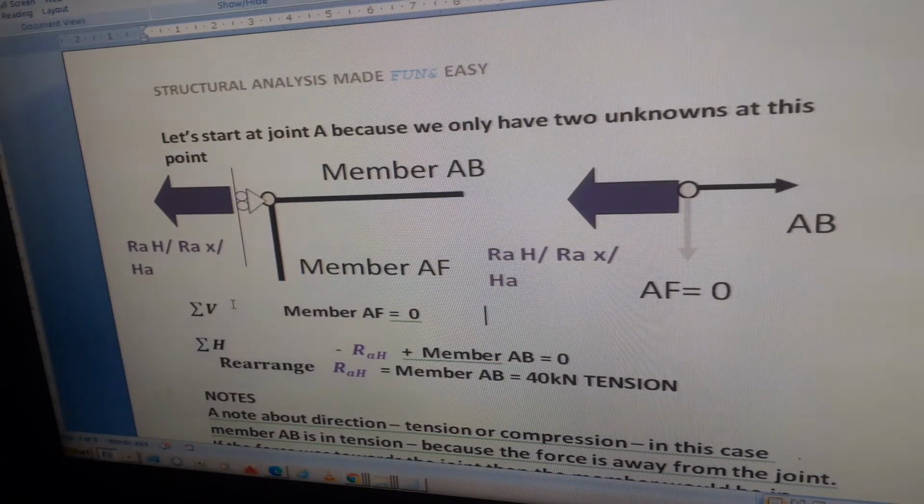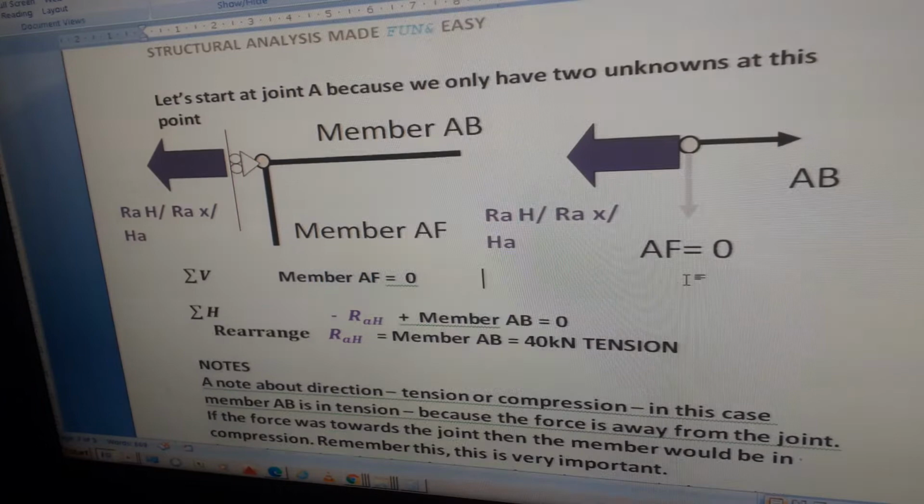I did vertical reactions first because I just wanted to show that AF was 0. Then we do horizontal equilibrium: minus RAH plus member force AB equals 0. Therefore, rearranging, RAH equals member AB force equals 40 kilonewtons tension.